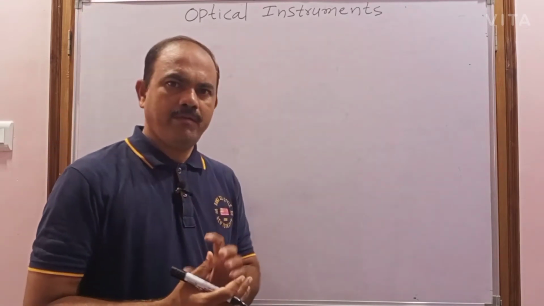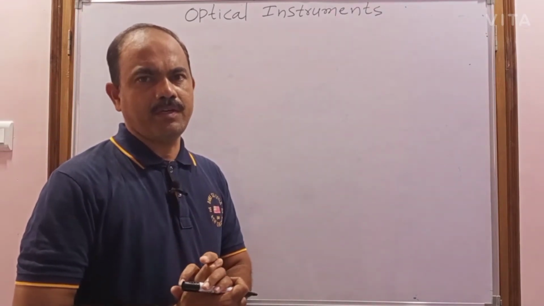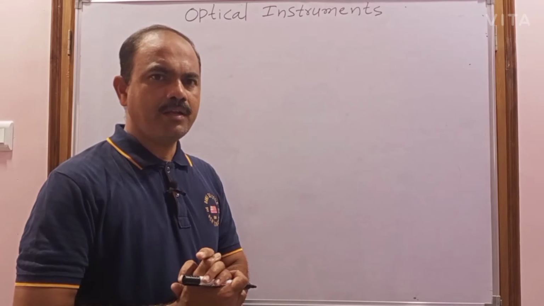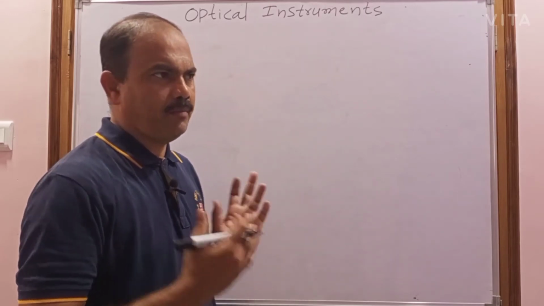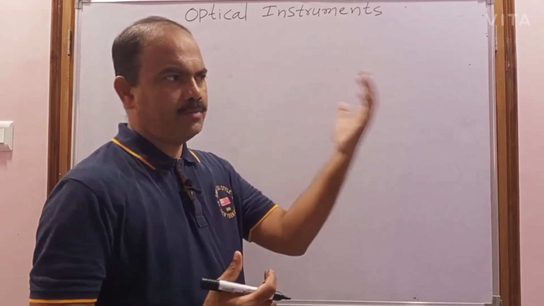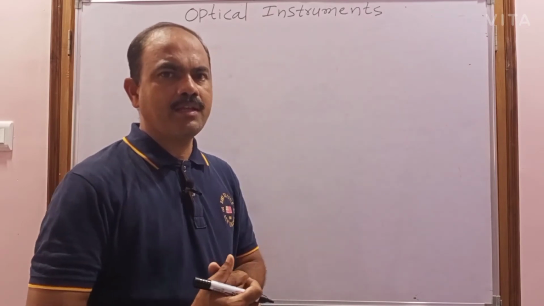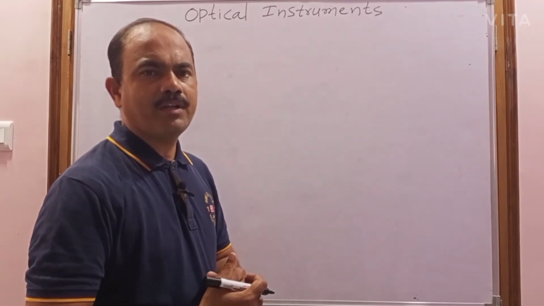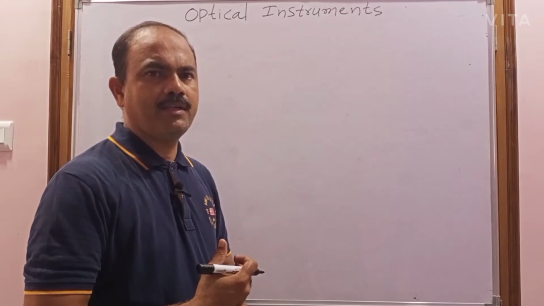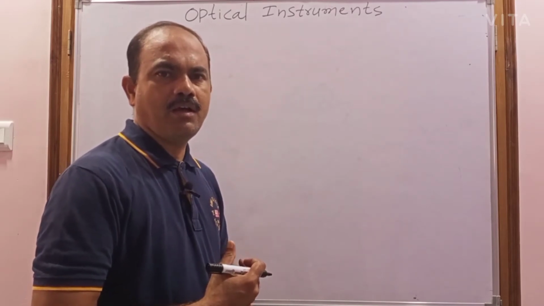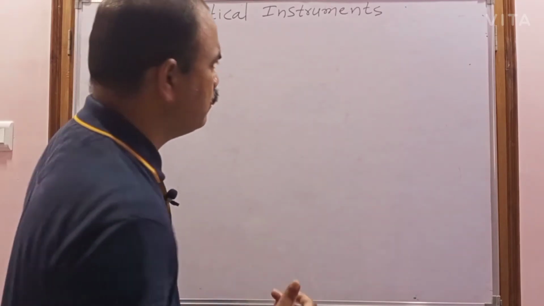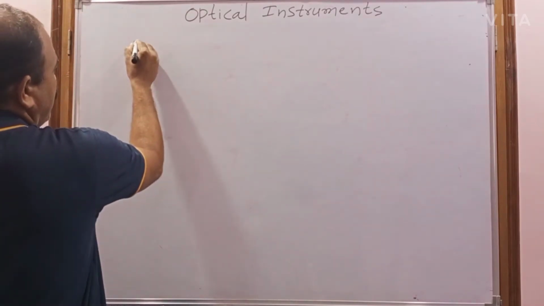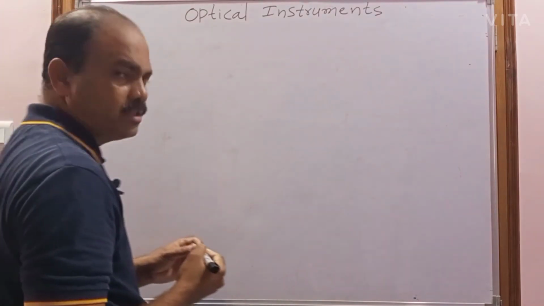Basically our eye is also an optical instrument. What is the minimum distance between the object and the eye so that we can see the image clearly and comfortably? You already know that it is the least distance of distinct vision, or the near point distance. What are the near point and the far point? I already explained in the structure of the human eye.